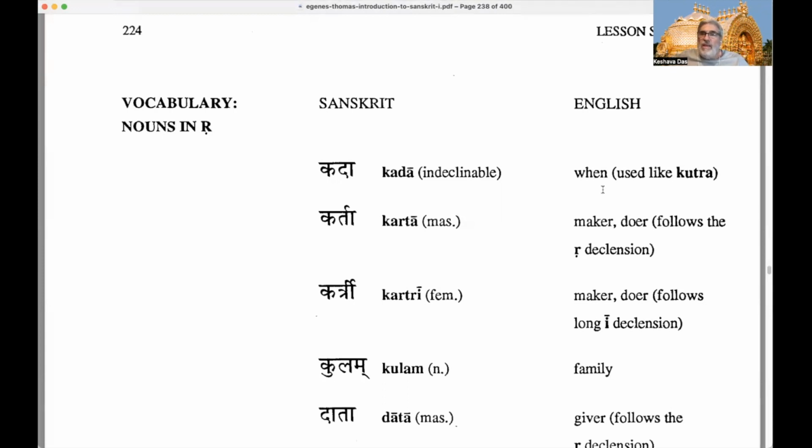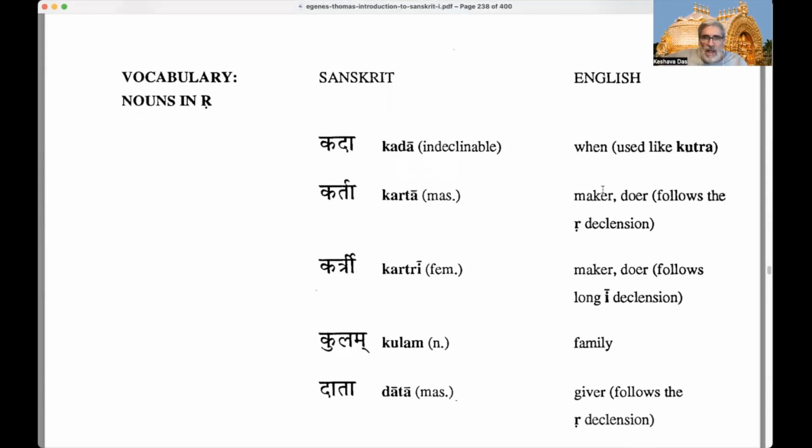Just like kutra. If we remember, kutra means where. So when we had questions, kutra tvam yasi, where are you going? So what is kada? Kada also means when. Kada tvam yasi. When are you going? Instead of kutra tvam yasi.